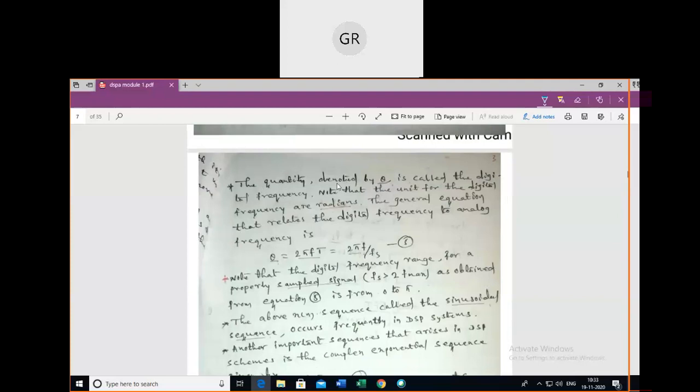The quantity denoted by theta is called the digital frequency. Note that the unit for the digital frequency is radians. The general equation that relates the digital frequency to analog frequency is theta equal to 2 pi f T. What is T here? 1 divided by fs, so theta equals 2 pi f divided by fs.